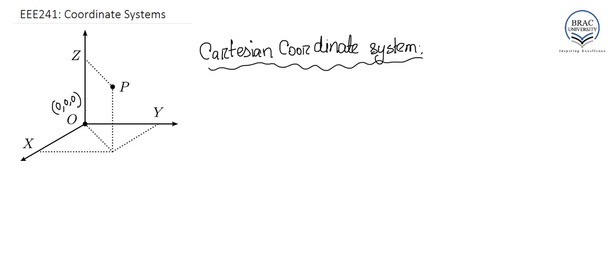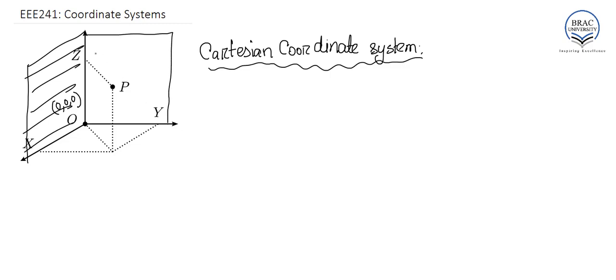When you look at this picture, just think of this origin as the corner point of the room you are sitting in. This is one of the walls, this is another wall, and these two walls meet along the z-axis at an angle of 90 degrees, right?